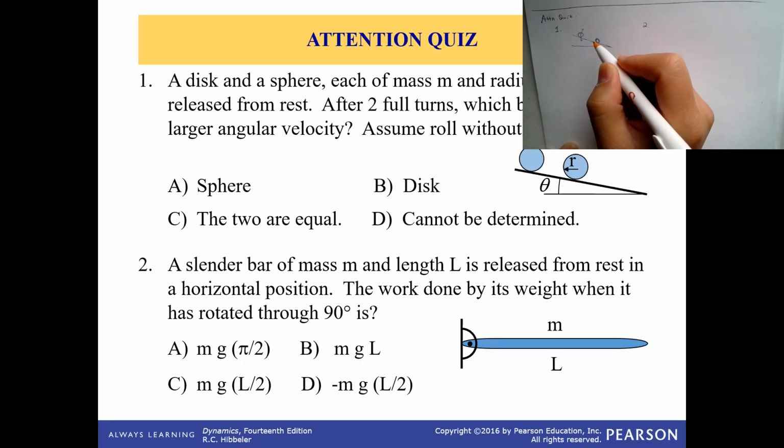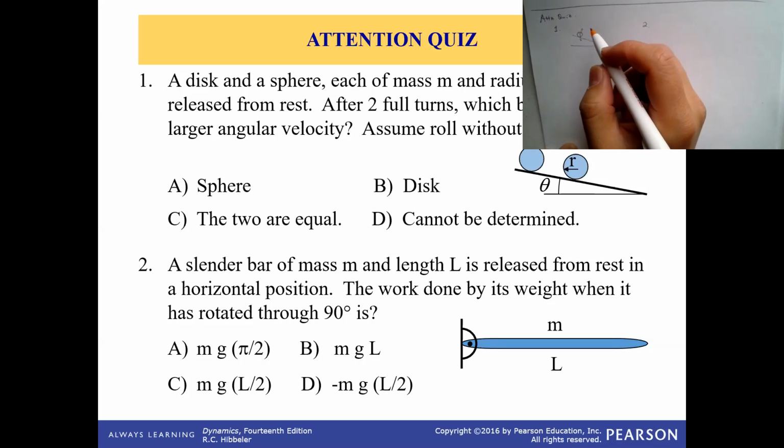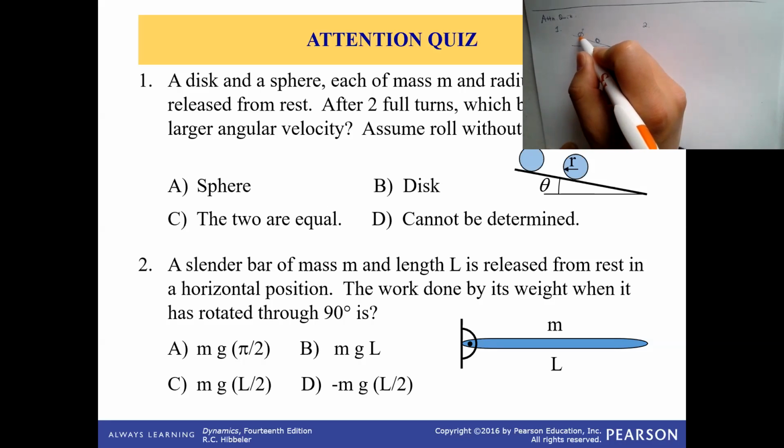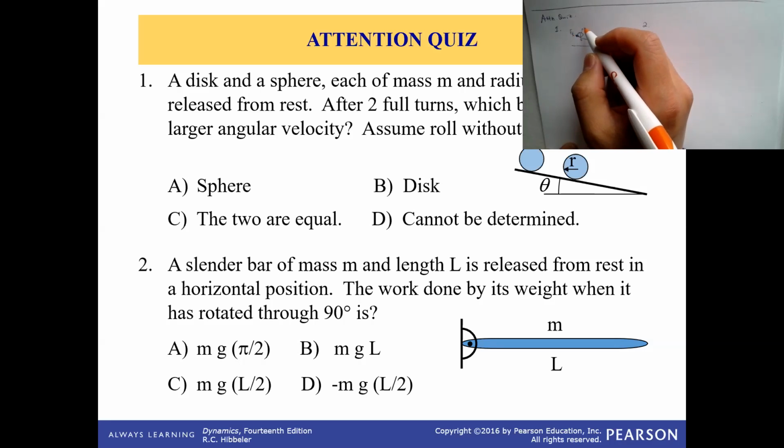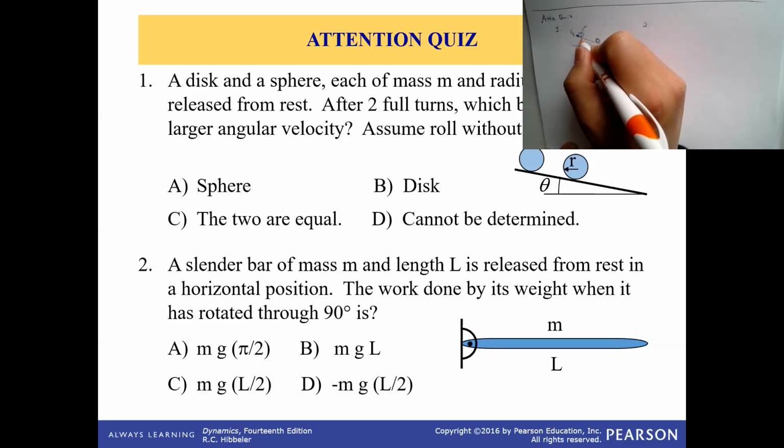If there's no slipping, of course there's a friction force over here, which you don't have to consider because the work done by friction is static friction, so it should be zero. Normal force and weight.